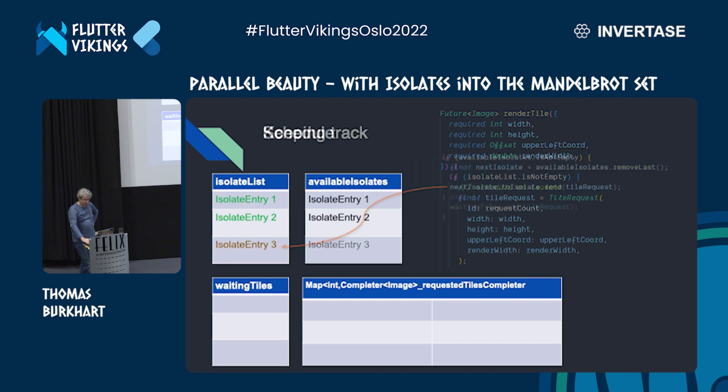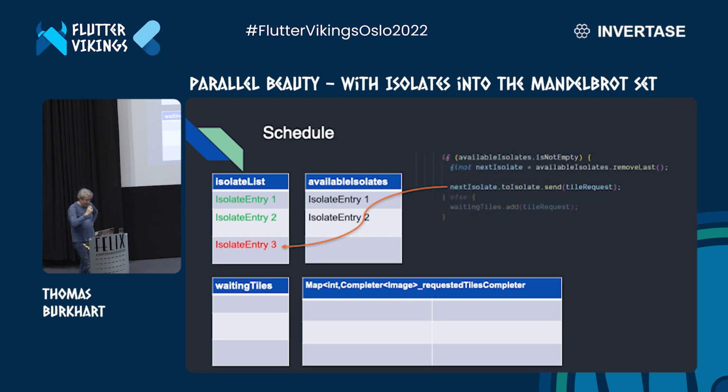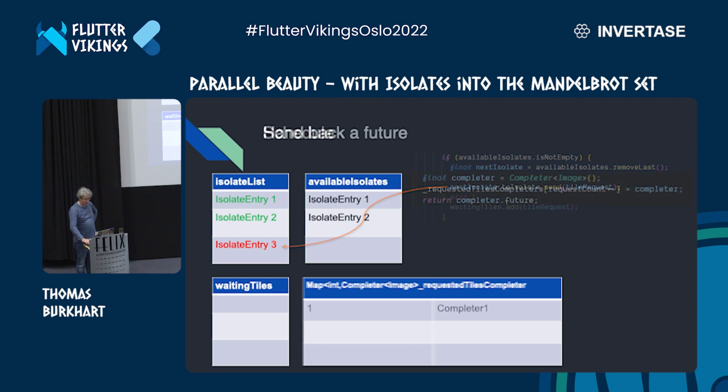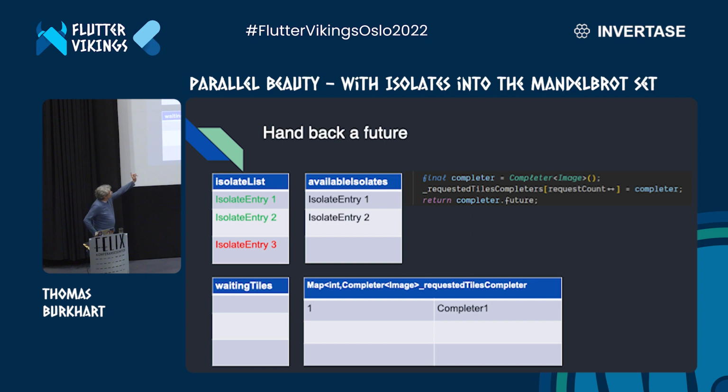So what then happens is we check if available isolates is not empty. If we have an isolate, we remove it from available isolates, and we send the tile request to this isolate that we just got out of the list, and we hand back directly a future of a completer, and we store the completer in this map, which is the tile request ID plus the completer.